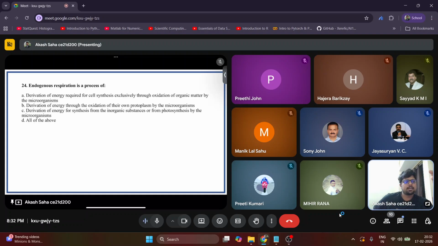These microorganisms in the dead phase will feed on themselves, on the dead bacterial cells. So the energy derived through the oxidation of the own protoplasm is known as endogenous respiration.